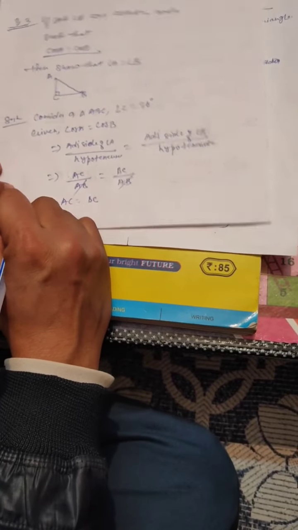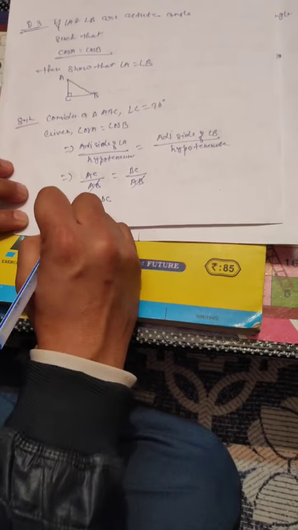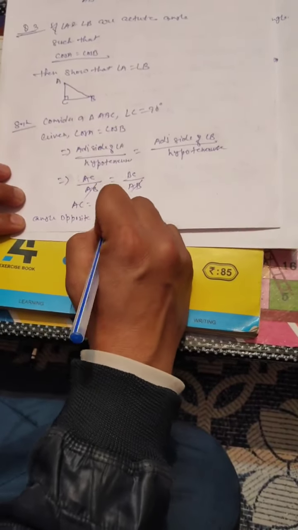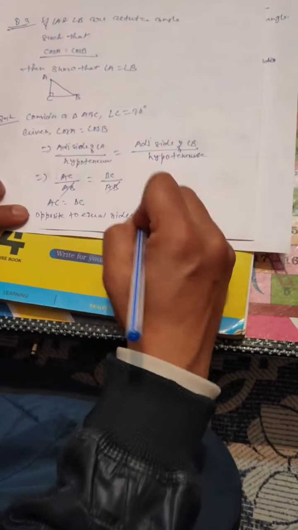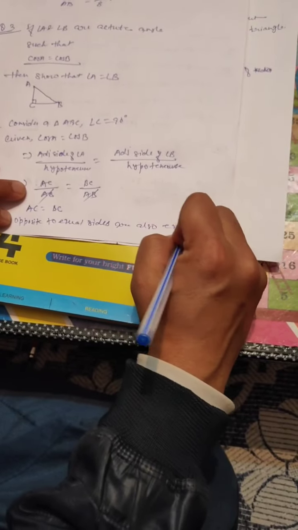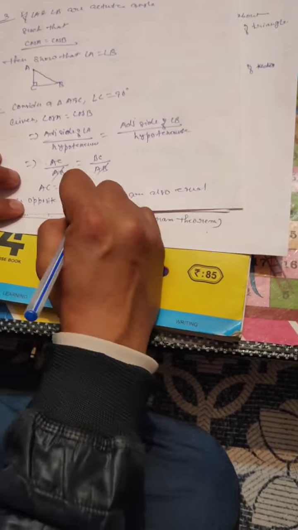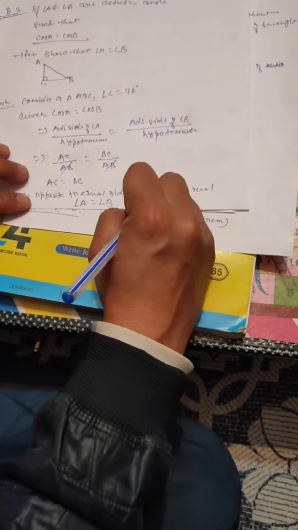We know that angles opposite to equal sides are also equal. So angle A equals angle B. Proved. Thank you.